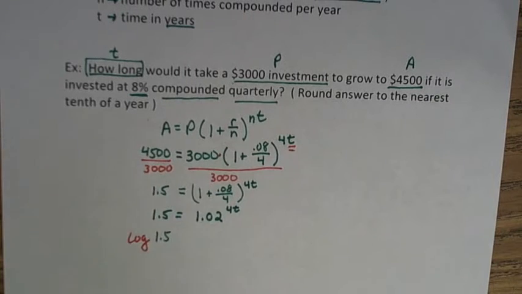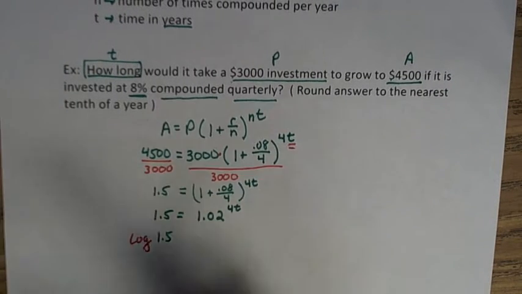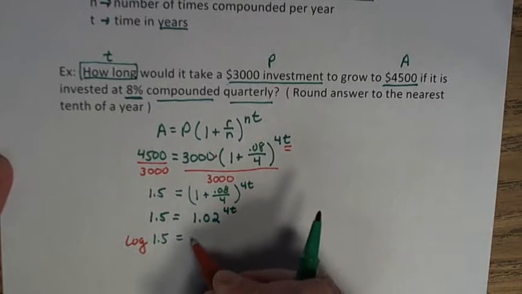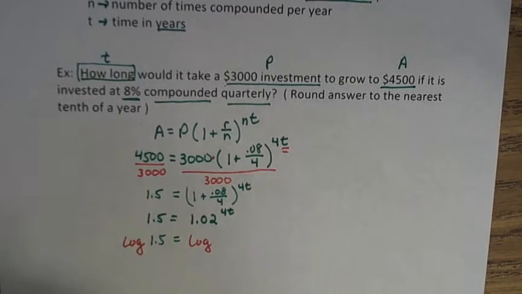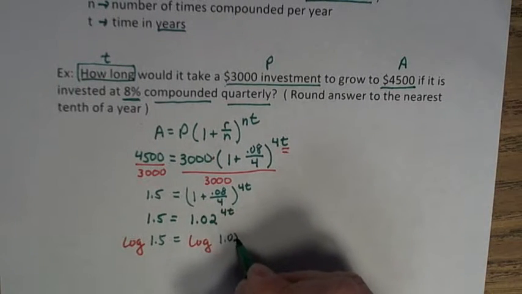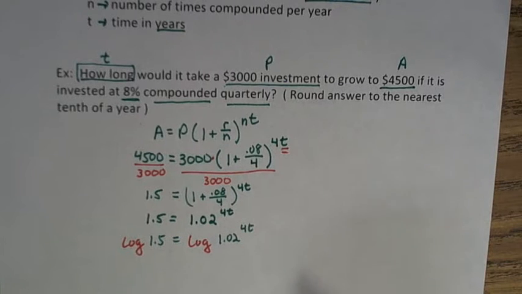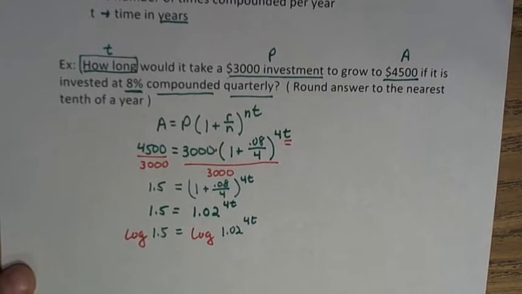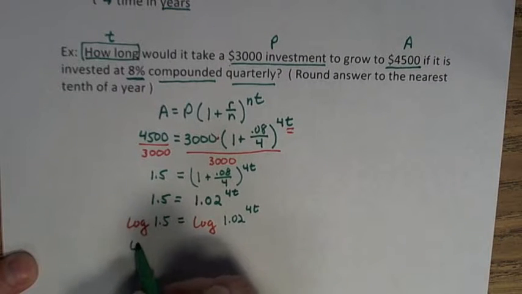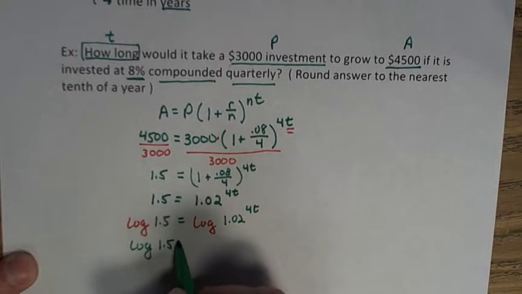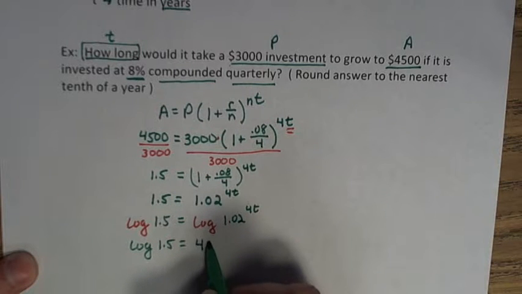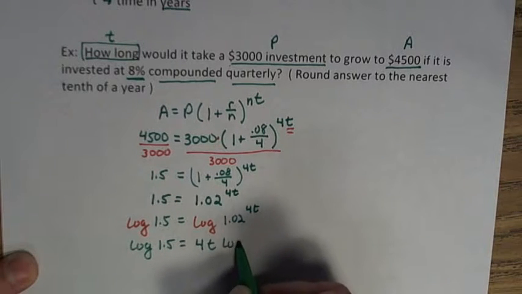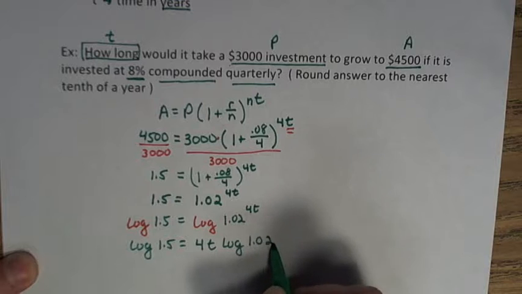So I take log of 1.5 is equal to log of 1.02 raised to the 4t. And that's going to allow me to, again, bring that 4t to the front. So I have log of 1.5 is equal to 4t log of 1.02.